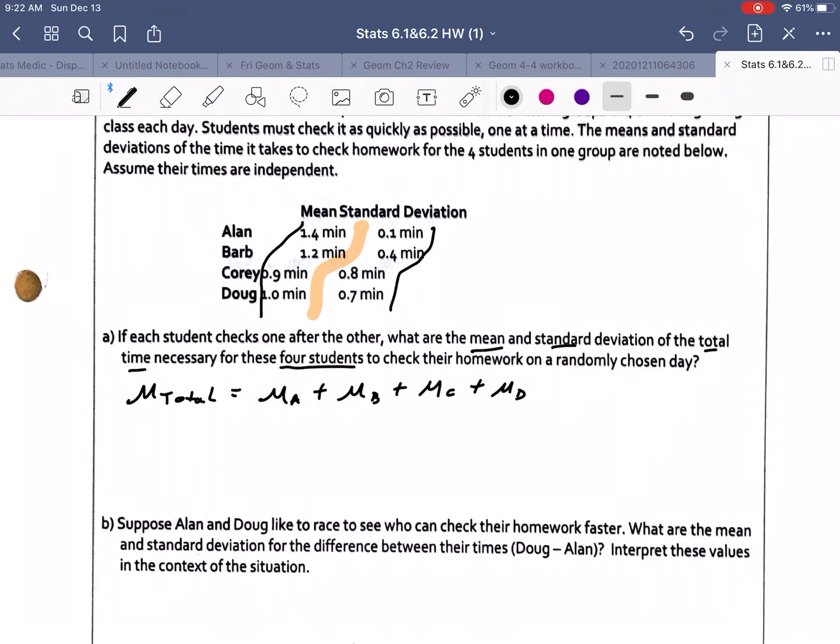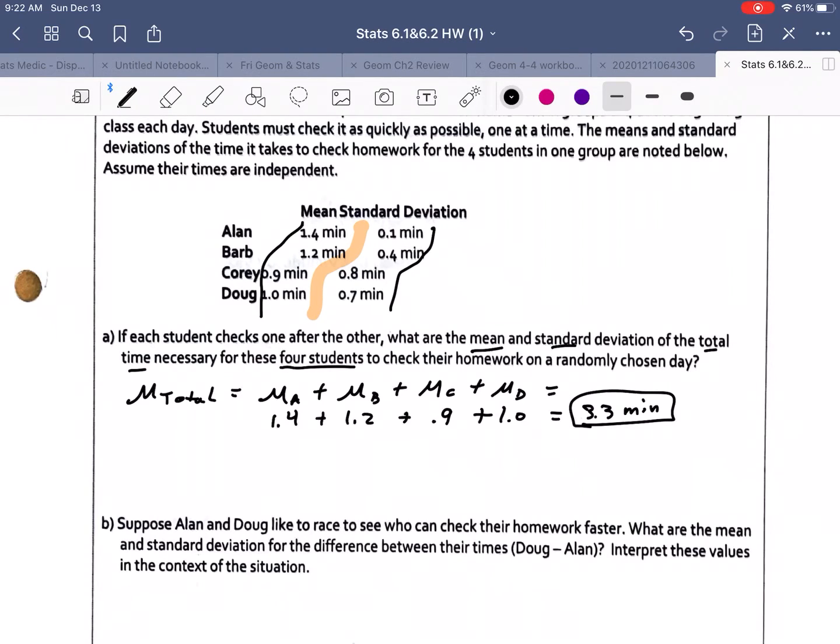And so this would be, for instance, pretending that just by chance, everybody did get their average time. You're adding up each of these x values to get your total. And that should kind of make logical sense. So if we add these up, we get 3.3 minutes. So it typically takes them 3.3 minutes working together.